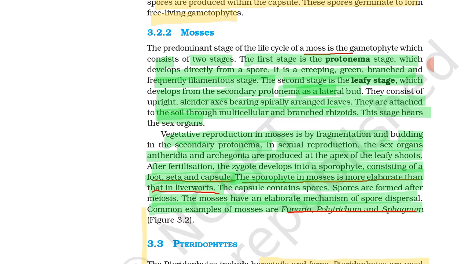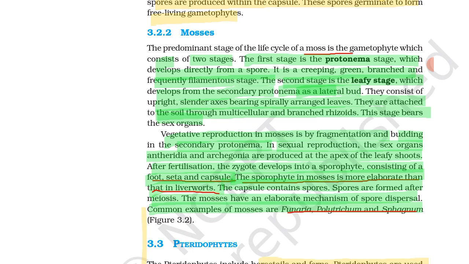After fertilization, the zygote develops into a sporophyte consisting of foot, seta and capsule. The sporophyte in mosses is more elaborate than that of liverworts. We have studied earlier that bryophytes are more elaborate than algae.